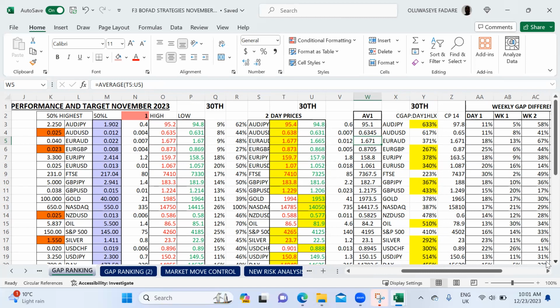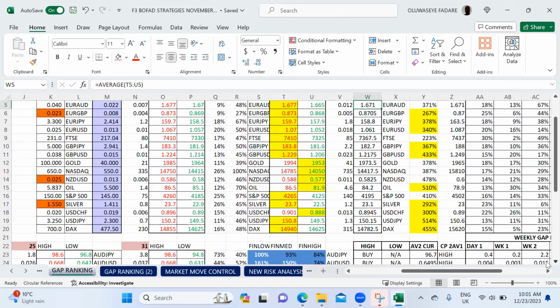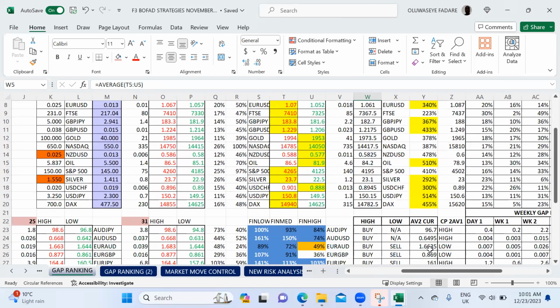So our first average one is 1.671, and now we are on 1.6635. So the market came down. So what this means is that the final move of the market is a sell. Okay, so the market may first go to buy and then it reverts back to sell. So quickly, this market makes more profit from the sell position than the buy.